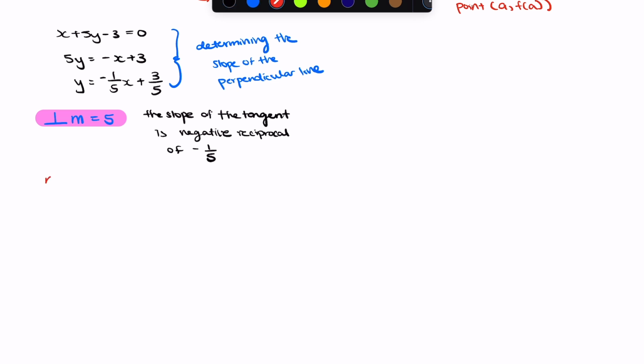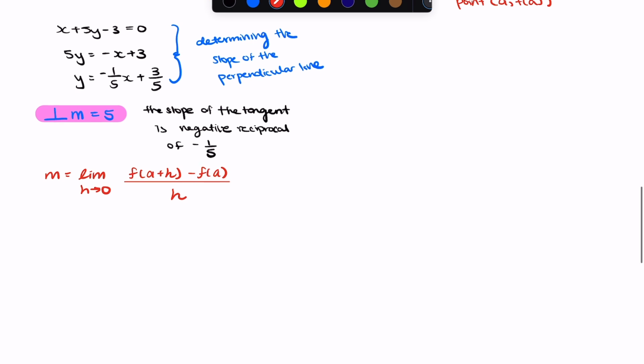So here we have m is equal to the limit as h approaches 0, f of a plus h minus f of a over h.